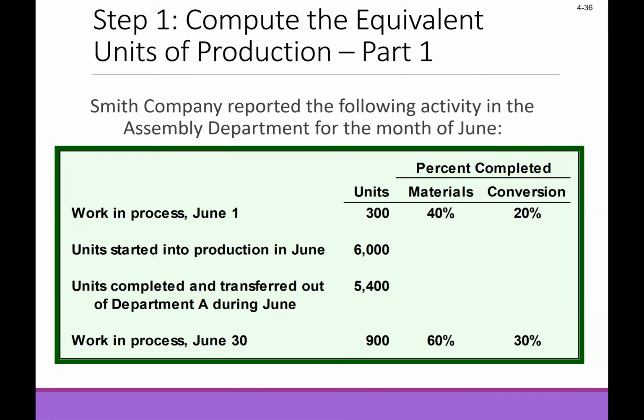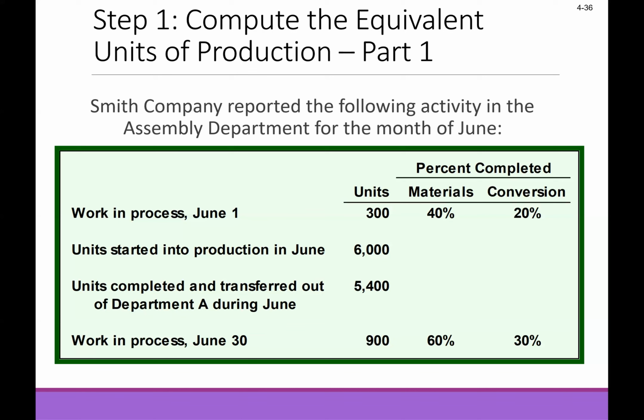At the beginning of June, the balance sitting in there was 300 units. For just the materials, they were 40% completed, and for conversion, they were 20% completed. Then it tells us what went into production during the month, what got transferred out, and at the end of the month, exactly how many units were sitting there with a percent of completion for both materials and conversion.